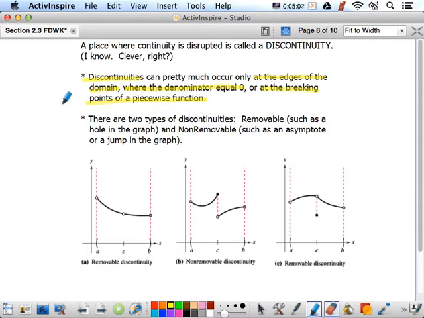There are two types of discontinuities: removable, usually a hole in the graph, and non-removable. That's usually an asymptote or a jump in the graph. An oscillation is also non-removable. The only removable discontinuity is a hole. And you can always see those because you can remove them algebraically by usually factoring in, canceling, or rationalizing some of those things that we did when we found algebraic limits.